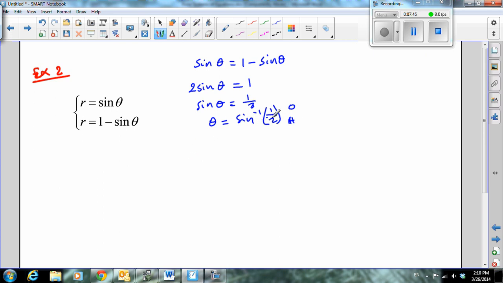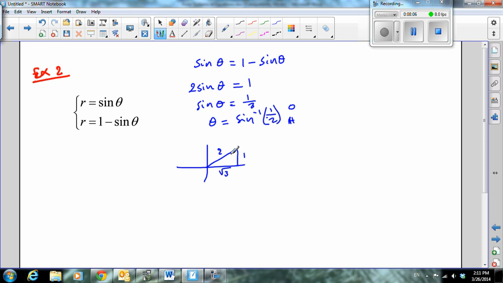Sine is positive in the first quadrant, so I would draw it in the first quadrant, where the opposite is 1 and the hypotenuse is 2. Therefore, the adjacent should be square root of 3. So my angle here is definitely a 30-degree angle.